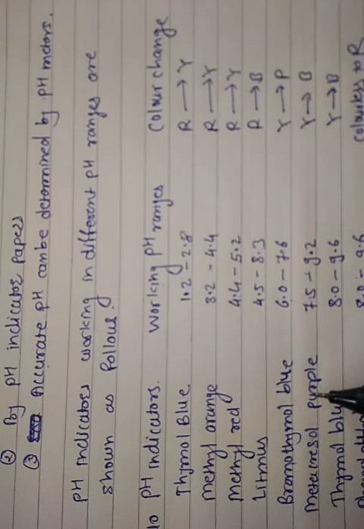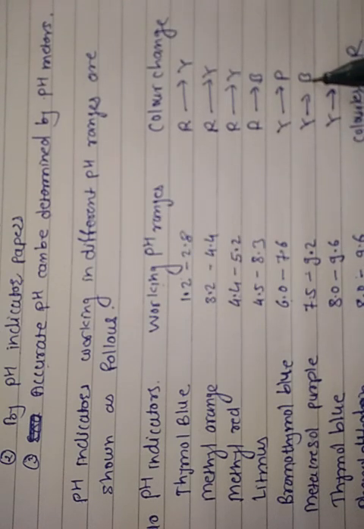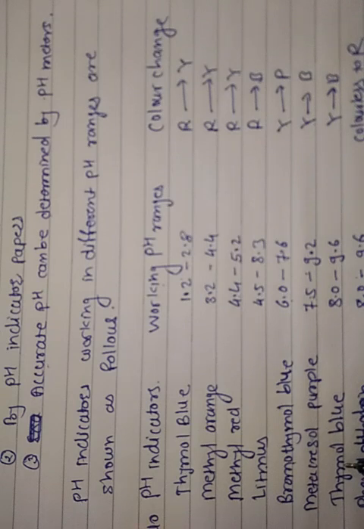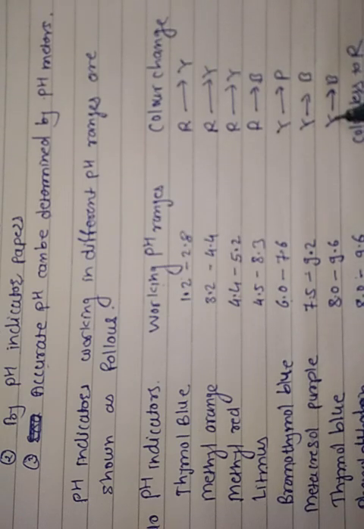Metacresol purple is another pH indicator. The working range of this pH indicator is 7.5 to 9.2 and color change is yellow to blue. Thymol blue, the pH working range is 8.0 to 9.6 and color change is yellow to blue.